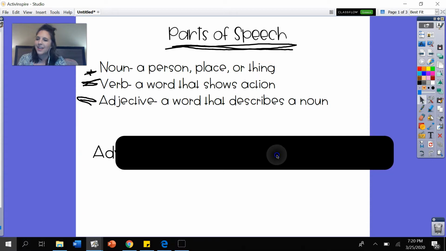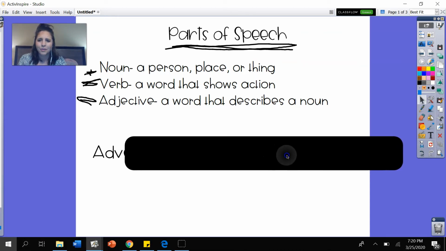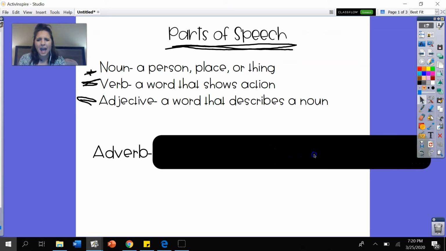I bet you're thinking adjective, but it can't be an adjective because adjective's already up there. Adverb? That's like they took two and smushed them together. It's like they took adjective and smushed it together with verb. I wonder how that works.